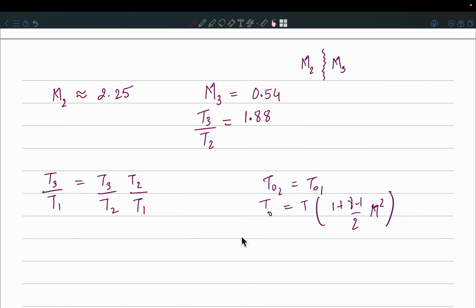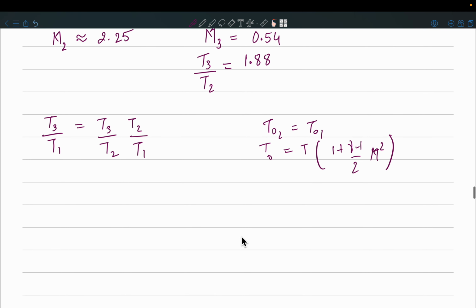Okay, so then what do we do? Can you find T2 by T1 now? We know M1, we know M2, isn't it?